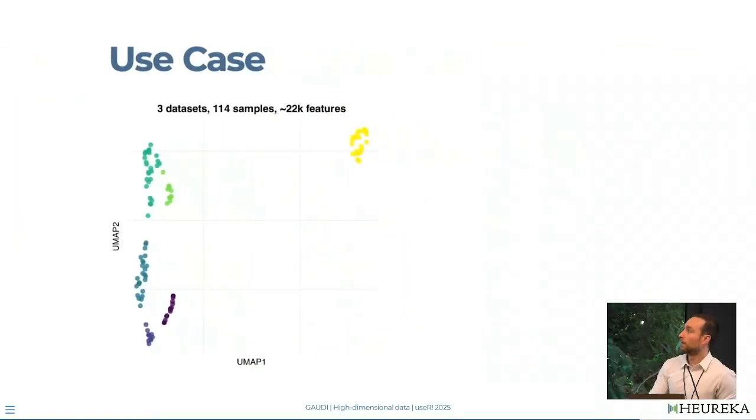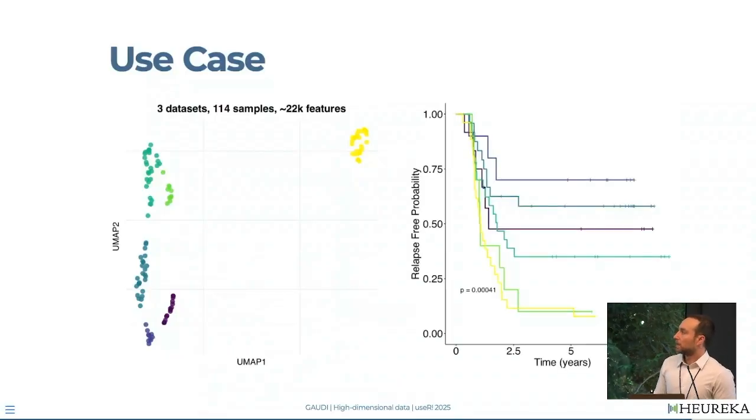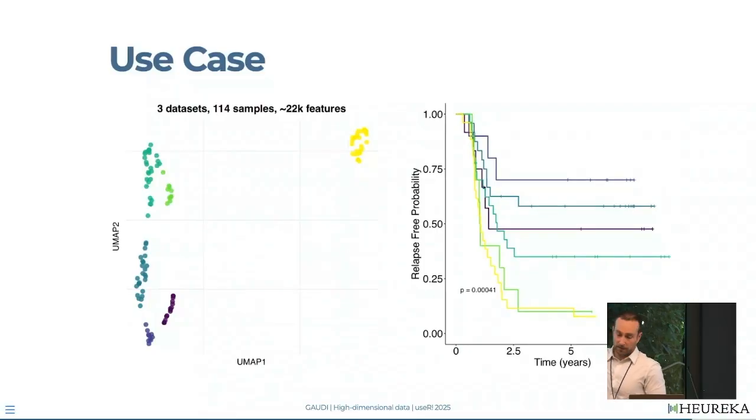So that's a real example, an AML data set. That's 114 kids, AML, 3 data sets, 22,000 features, not a lot, but good enough. We have the cluster, we apply GAUDI, we apply, again, independent UMAPs per data set, then we put that together, multiple UMAPs, align all the things.